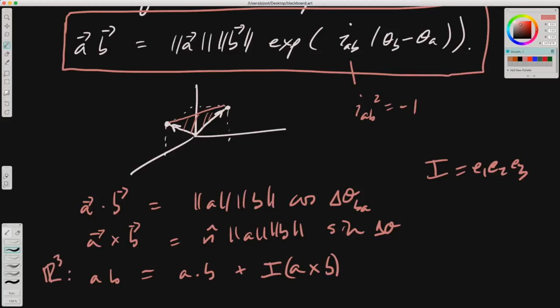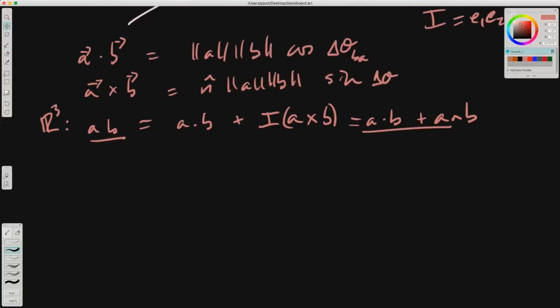And in general, the product of two vectors is A dot B plus A wedge B. So the fact that A wedge B squares to a negative number allows the exponential representation of the dot product, or of the vector product.